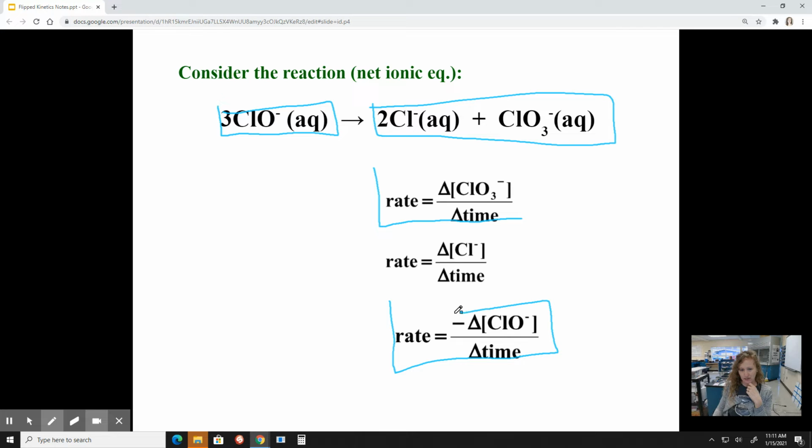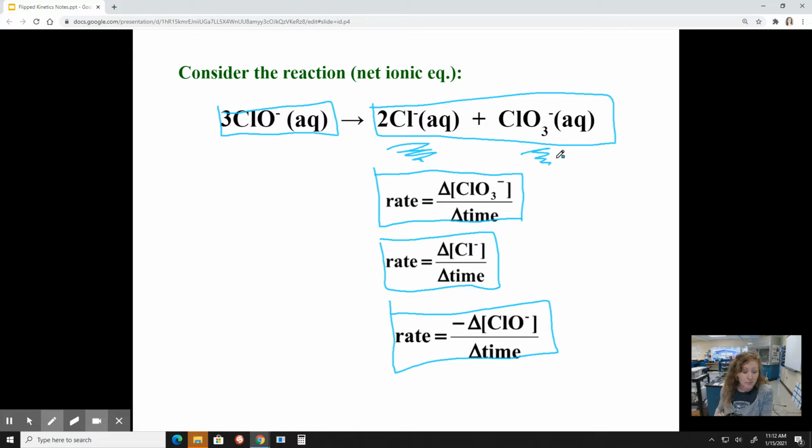I could communicate it in the appearance of my ClO3 minus ion. What is that? The chlorate ion. I could also communicate it in terms of the rate of appearance of the chloride ion. So as my reaction gets more complicated, I have more options as to how I want to communicate this rate.